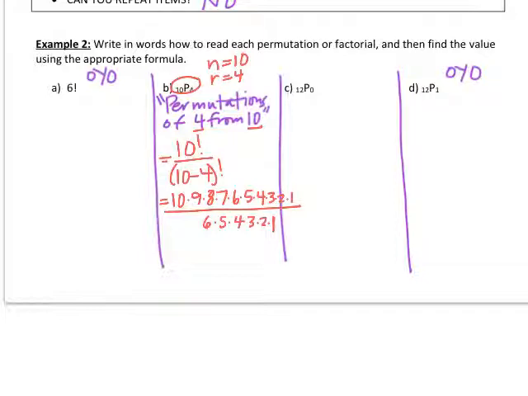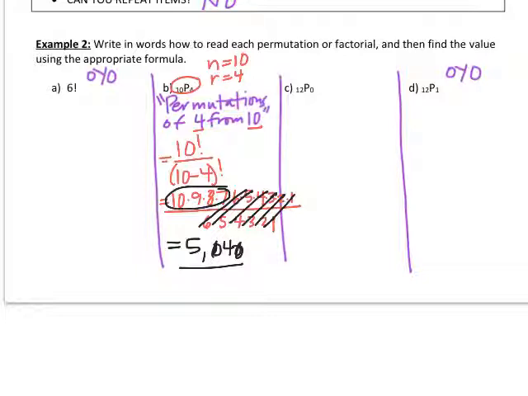Well, we can cancel anything from 6 on down. Okay, and we're just left with this. And if we put that into our calculator, you'll see that we get 5,040 as an answer there. So when we have permutations of 4 from 10, that's a total of 5,040 different permutations.